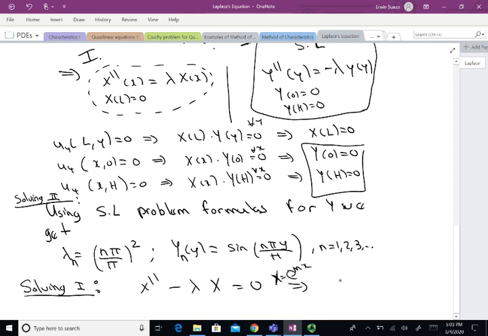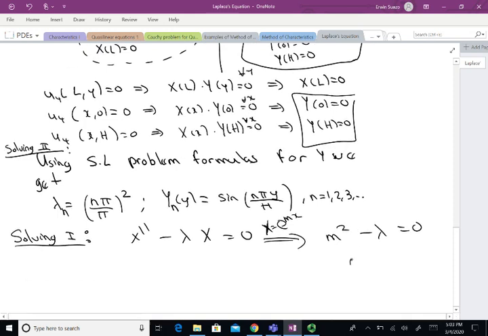If you use the substitution, you will get m squared minus lambda equals 0, so m equals plus or minus square root of lambda, right? So you can write the solution like c1 e to the minus square root of lambda x plus c2 e to the square root of lambda x.